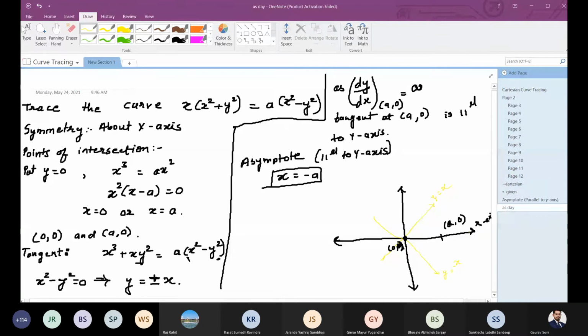Then at the point a comma 0, the tangent is vertical. Then we have the asymptote, which is x equal to minus a.